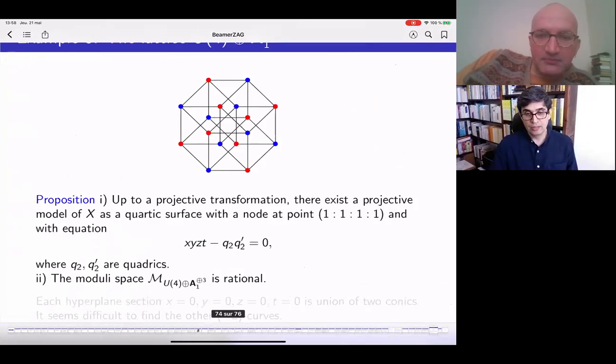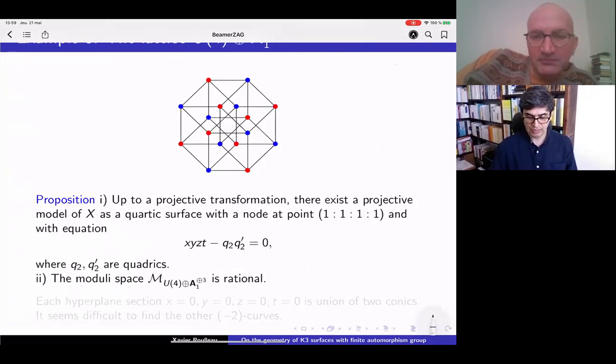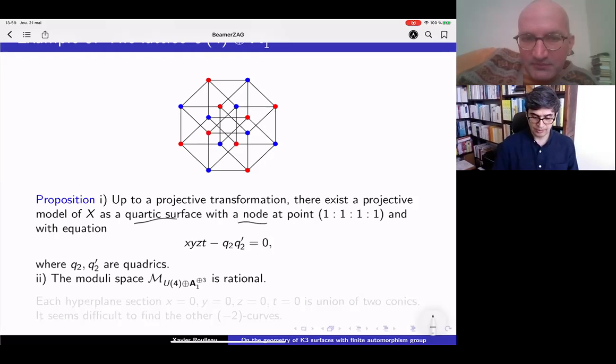If you take a nef divisor of square 4, you can prove that there is a projective model of your surface as a quartic, which has a node. So it is a singular model which has a node at some point, and which has that equation where Q2 and Q2 prime are quartics. Using that equation, you can obtain that the moduli space of these surfaces is rational.